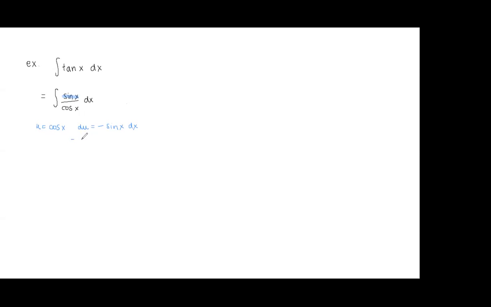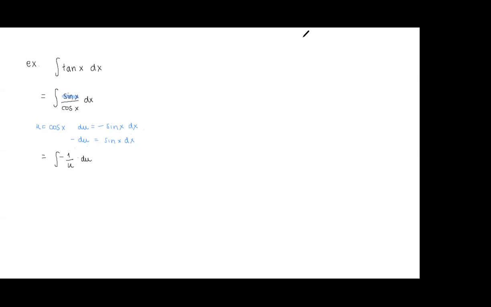Because I only have sine of x dx, I'm going to multiply both sides by negative 1, and I'm going to get that if I want to replace just sine of x dx, I'm going to replace it with minus du. And so now I can rewrite my integral as the integral of 1 over u times sine of x dx, which is replaced by minus du. So I'm going to put the du over here and the minus.